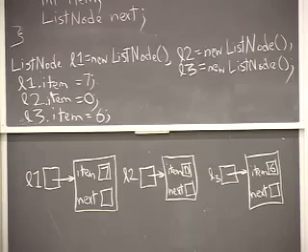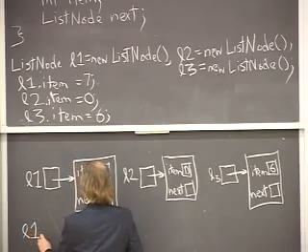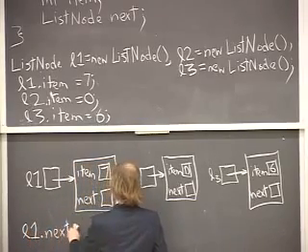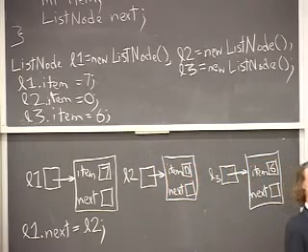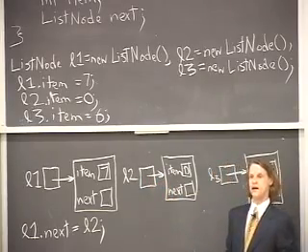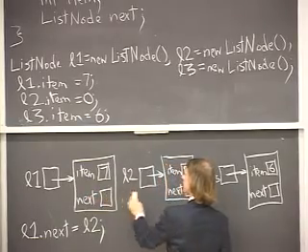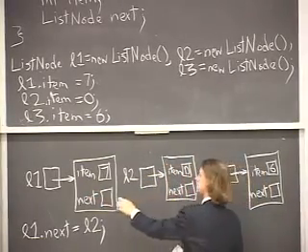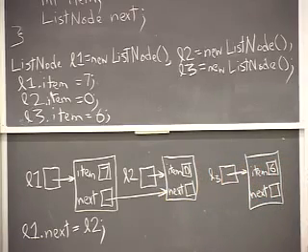And then the interesting part comes when we link those list nodes together into a list. So I set l1.next equals l2. And recall that what this does is it takes whatever reference is in the l2 box and it stores that value in l1.next, making a copy. So this reference gets copied into this box. And now they both point at the same thing.